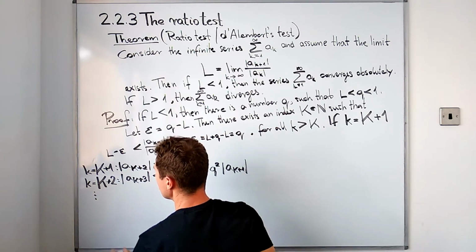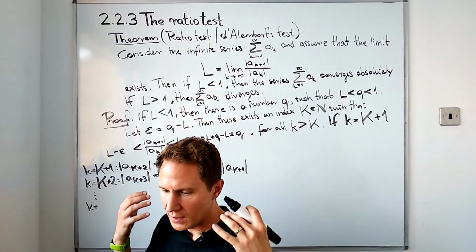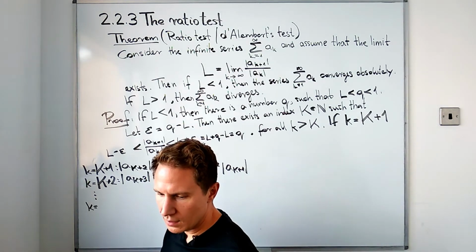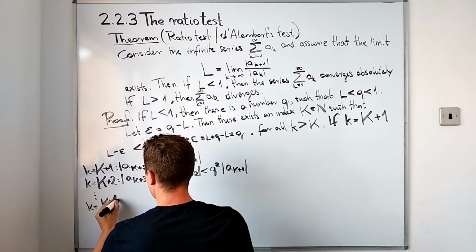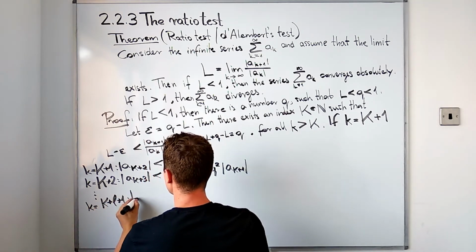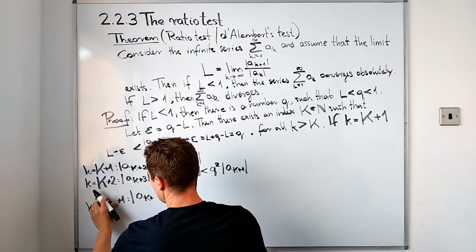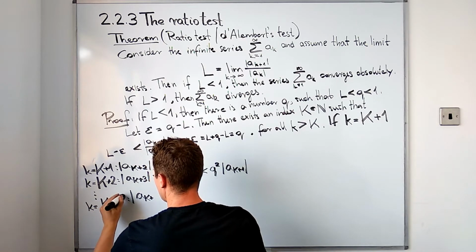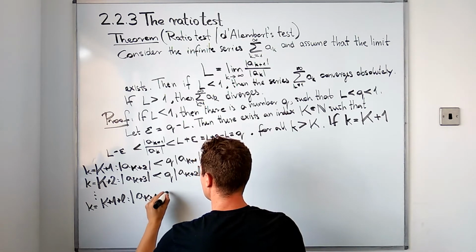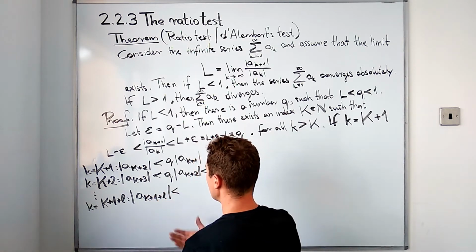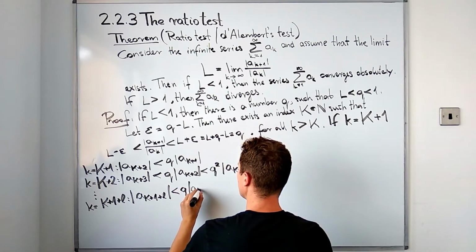So in fact, what we'll see is that for all little k that we choose to be capital K plus 1 plus L, we can always give this upper bound of Q times the previous term in absolute value.